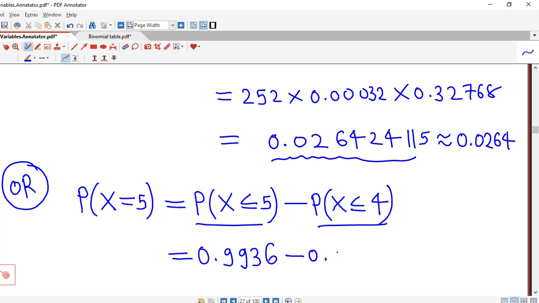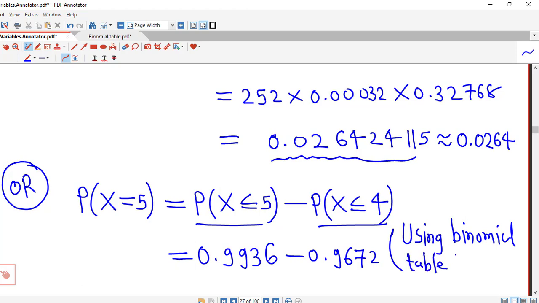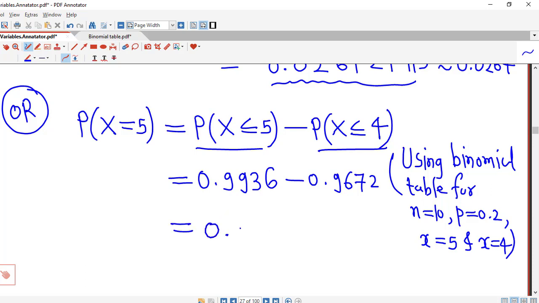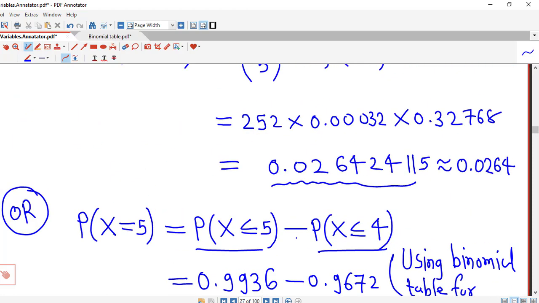This we obtain using the binomial table for small n equal to 10, p equal to 0.2, x equal to 5 and x equal to 4. And if we simplify this, we have 0.0264. Okay, so we obtain the same value up to 4 decimal places.